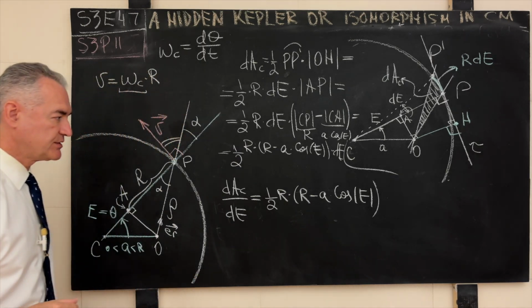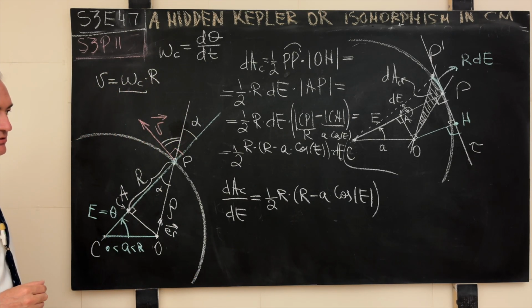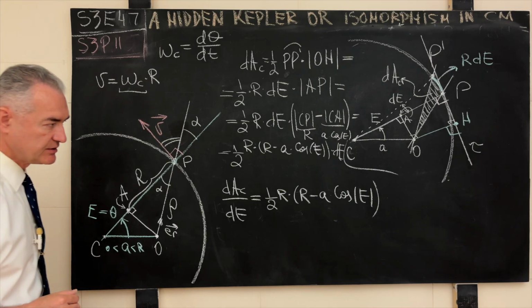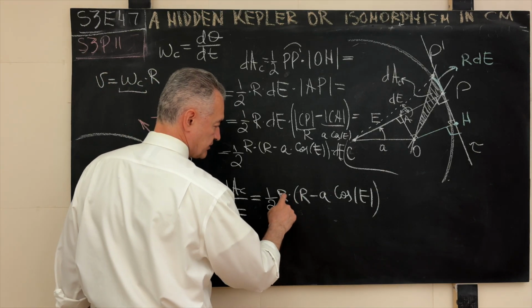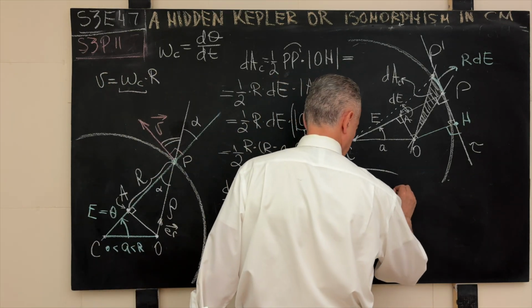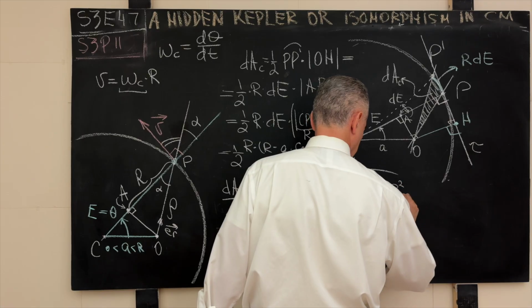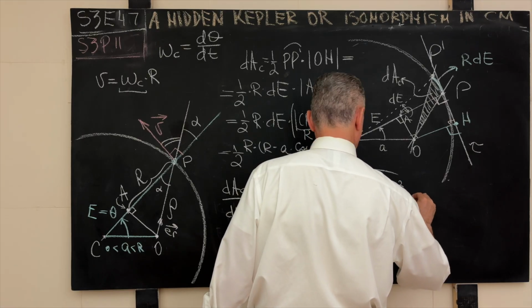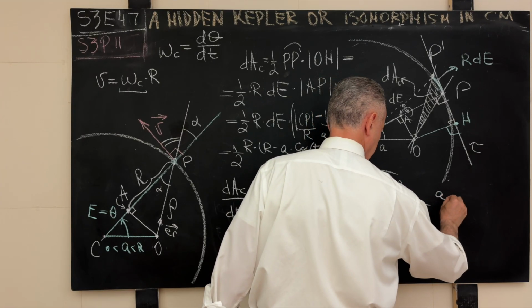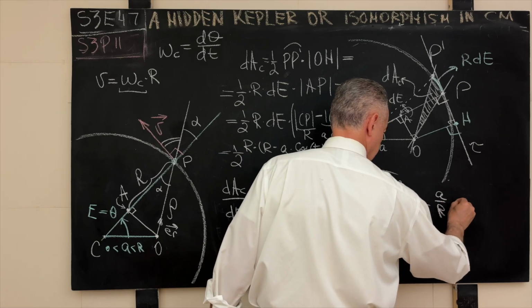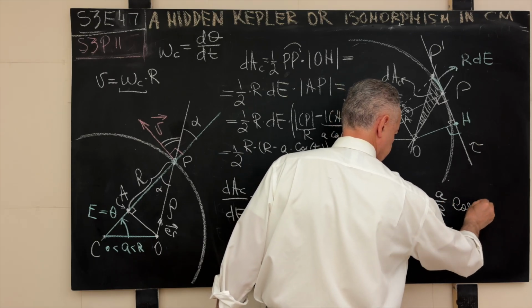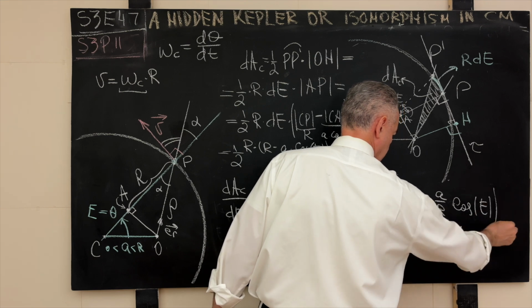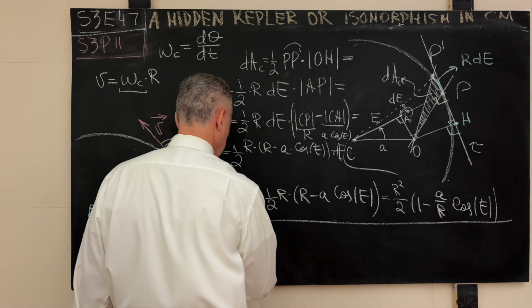And you can already see that the structure of our equation is basically the same. If we factor out R, let's say we go like this, R squared over 2, then it will be 1 minus A divided by R times cosine of E, and this is it.